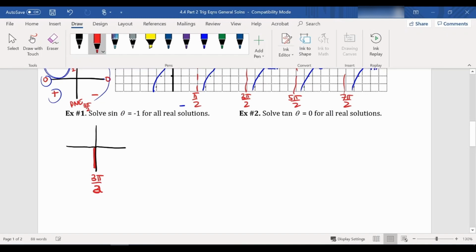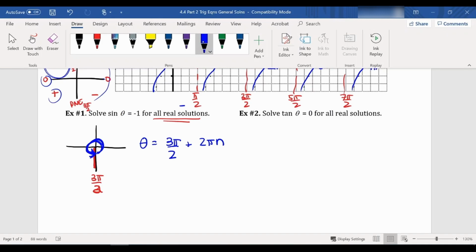Now, the problem is that if we were to go forever for all real solutions, this means that if I do another circle, I'll end up back here, and another circle, and another circle, and I could keep going forever. I could also go in a negative direction and end up back here. So if I just had one solution, I would have 3 pi over 2. But I could also add an entire circle, which is 2 pi. Now I can add as many entire circles as I would like, which would be 2 pi n.